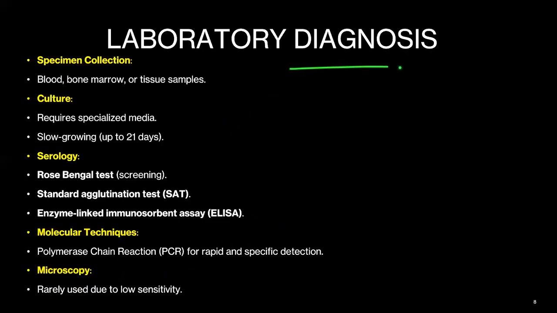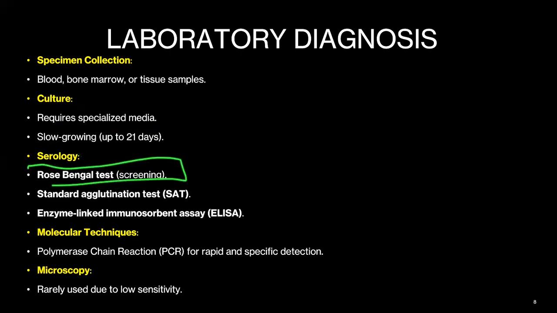Next, laboratory. How we will diagnose the Brucella in the laboratory? Specimen collection. A specimen can be blood, bone marrow, or the tissue samples. Culture requires specialized media like blood. Brucella is slow growing, so it can take up to 21 days. Serology, Rose Bengal test for screening.